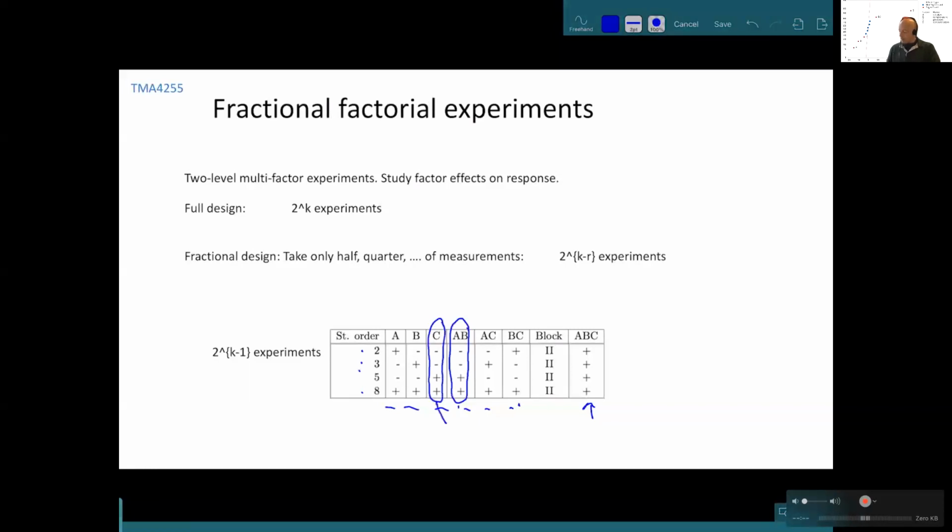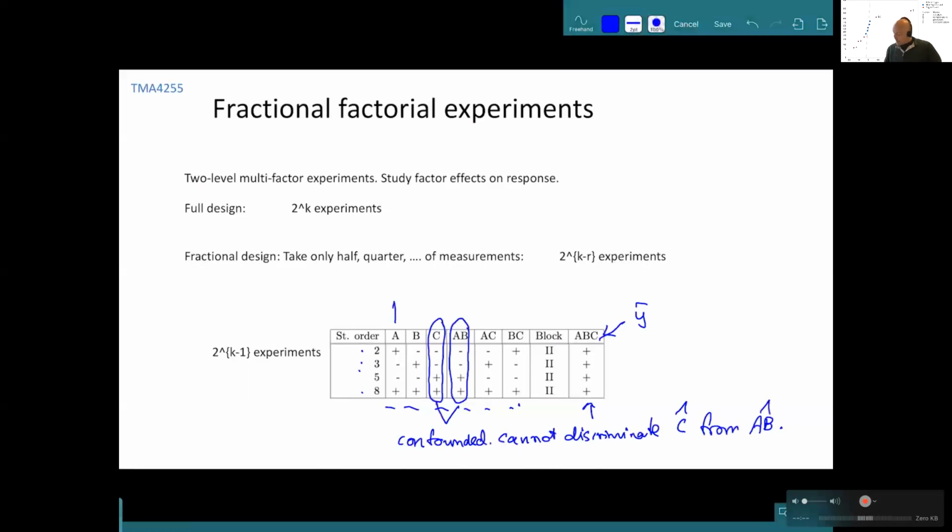They are confounded. They cannot be discriminated from AB. And the same goes for this one and the mean. They are confounded.